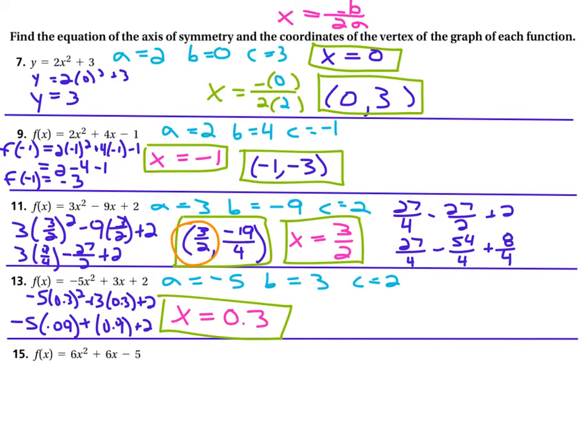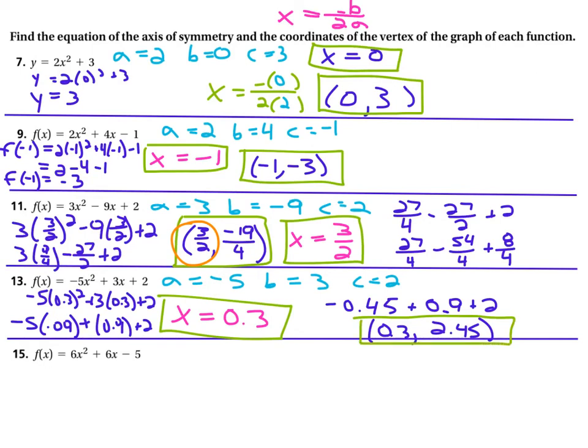And I'm going to do this over here on the right. Negative 0.45 plus 0.9 plus 2. And I know that negative 0.45 plus 0.9 is positive 0.45. Plus 2 is 2.45. And since we got 0.3 for x, we've got a set of coordinates of 0.3, comma, 2.45. That's for number 13.